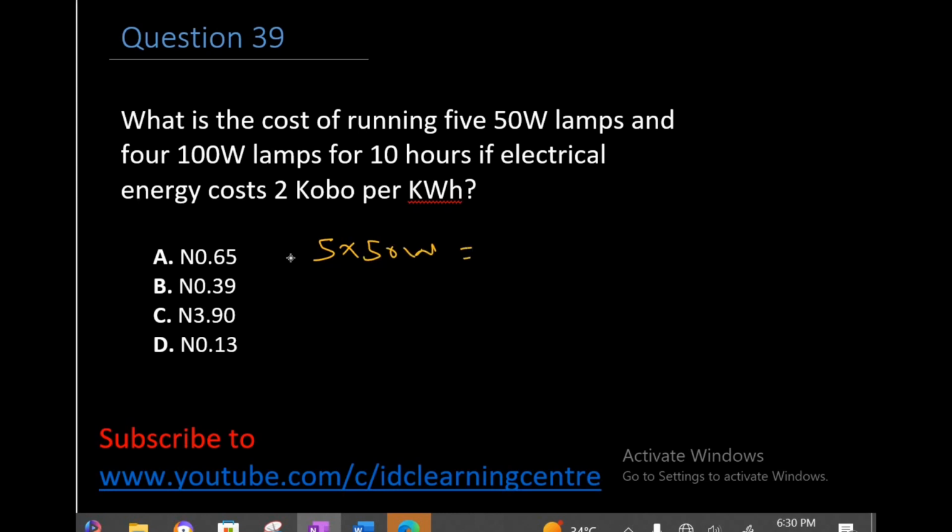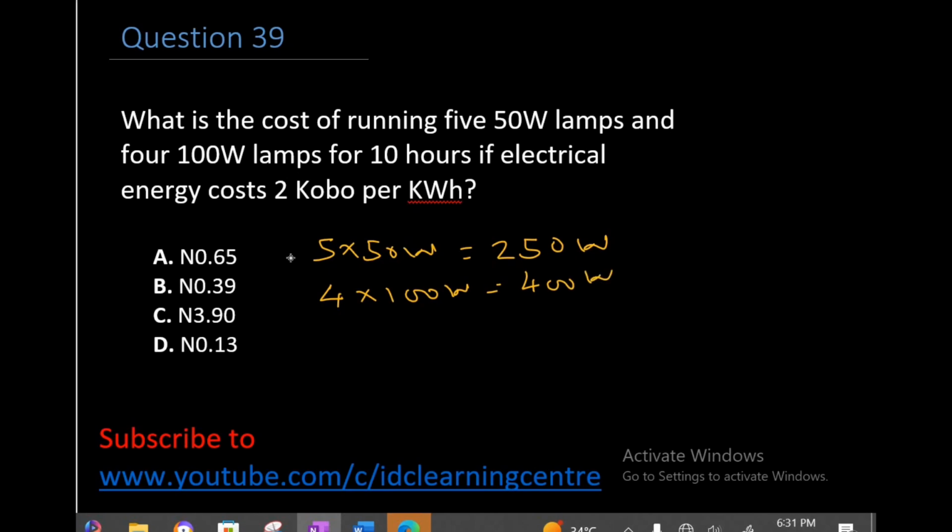When you multiply 5 times 50, you're going to get 250, right? So the next one is, and for 100 watt lamps, that's 4 times 100 watts. It's going to give us 400 watts.